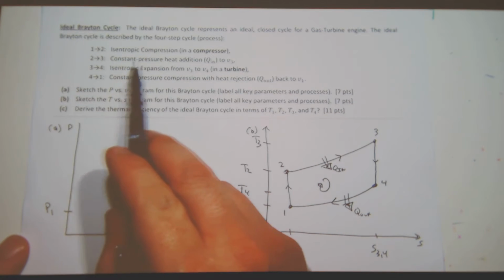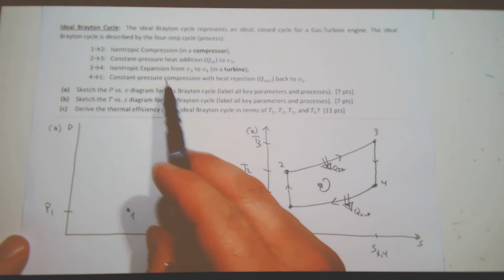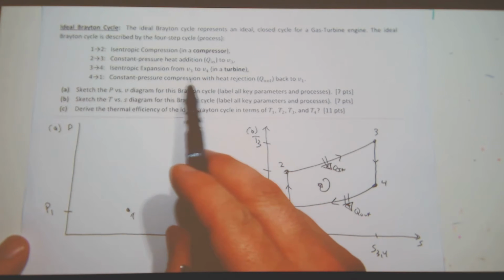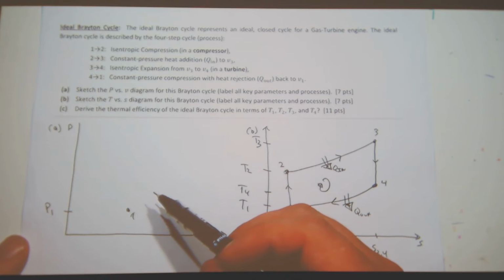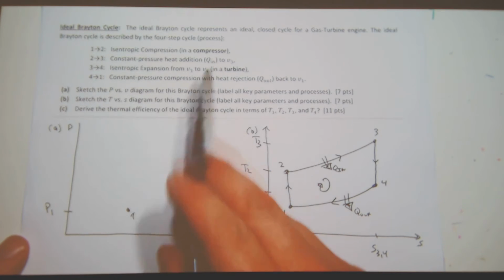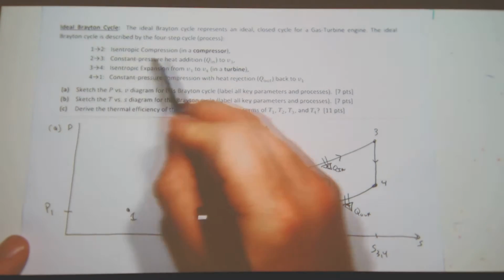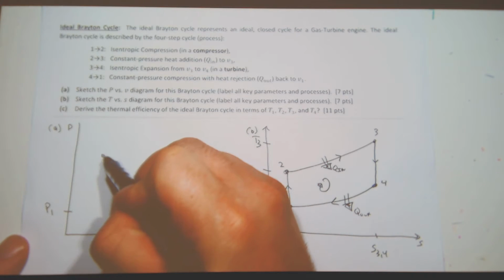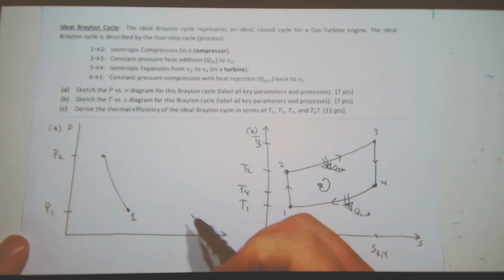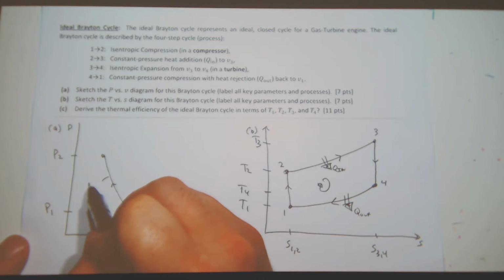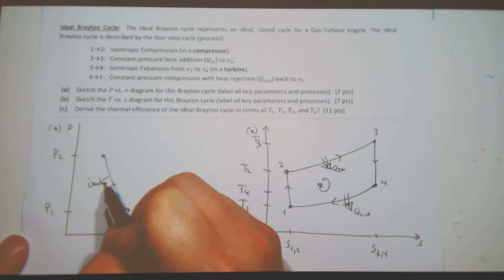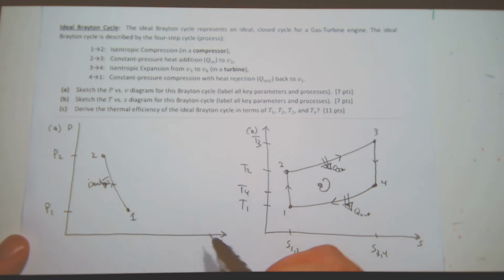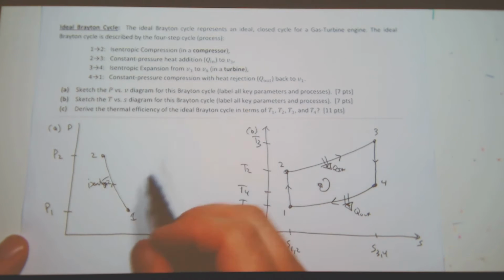And then I have constant pressure heat addition. So I know I'm going to be increasing the pressure. Isentropic compression. So I'm increasing the pressure, so I do something like this. This is isentropic. Constant pressure, heat addition.